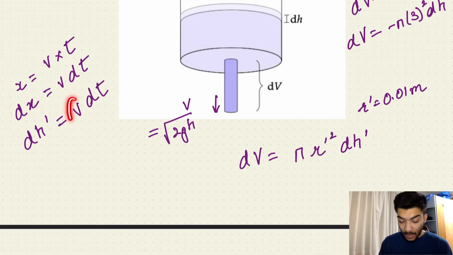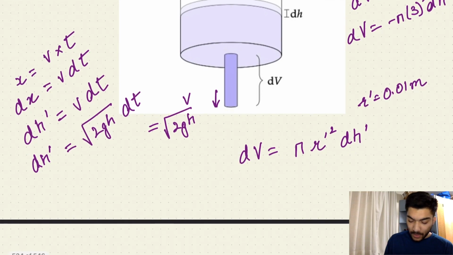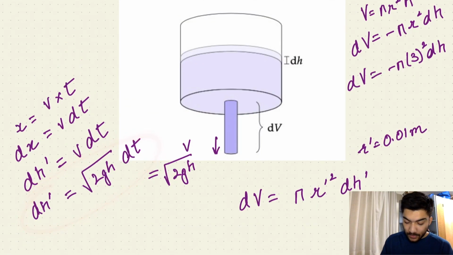And we already know what our v is. Our v is basically root 2gh. So our dh dash in this case would simply be root 2gh times dt.